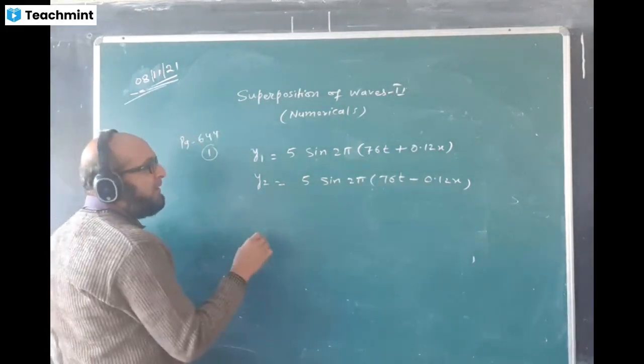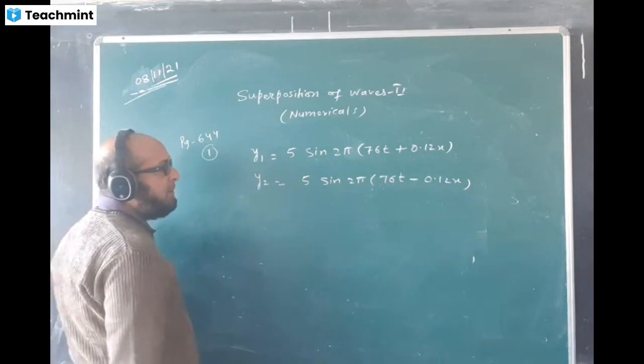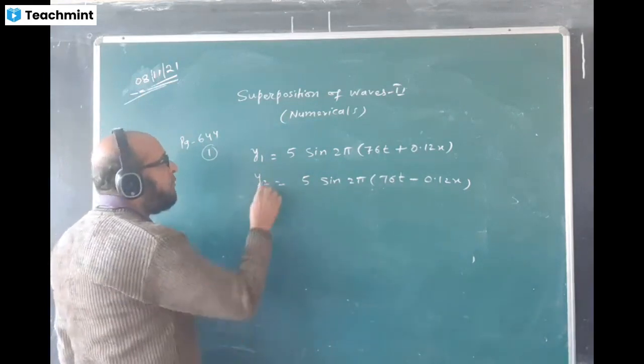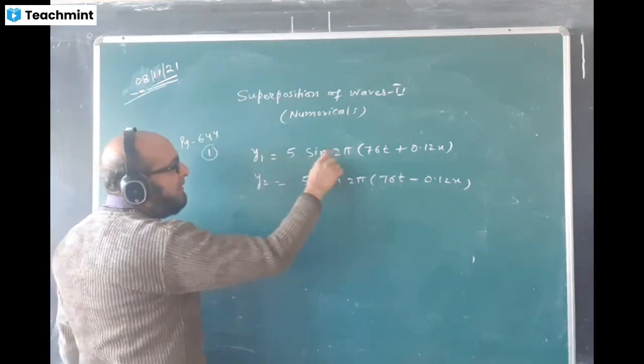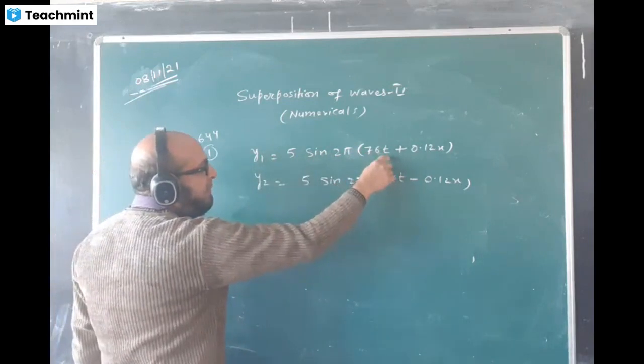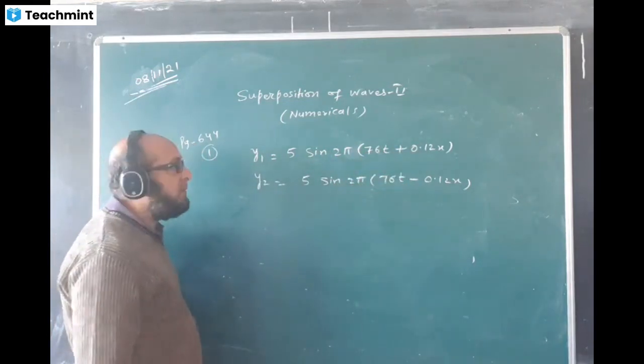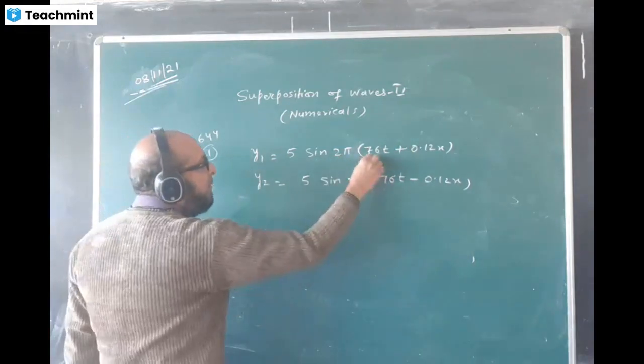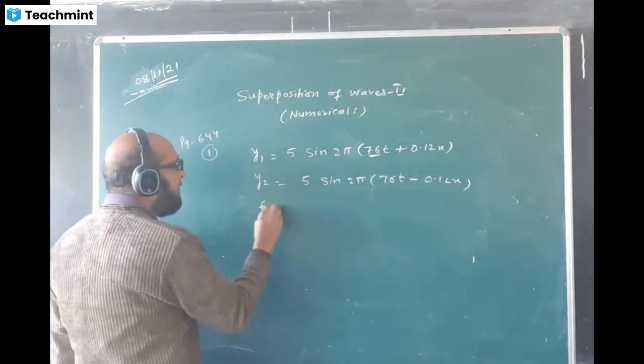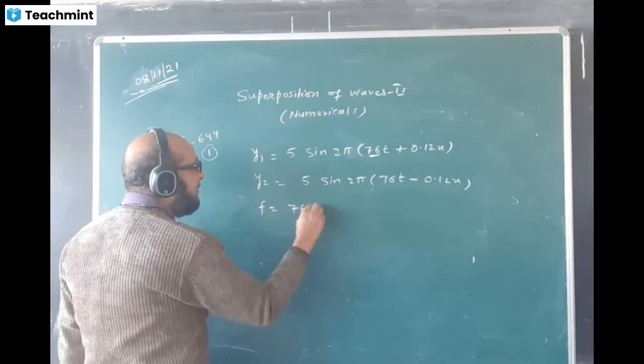So what I will do, I will find the value of lambda. So actual formula goes on like this: y equal to a sine 2 pi ft plus 2 pi x by lambda. So 2 pi f, what is the value of f here? We write that f value is 76 Hertz.